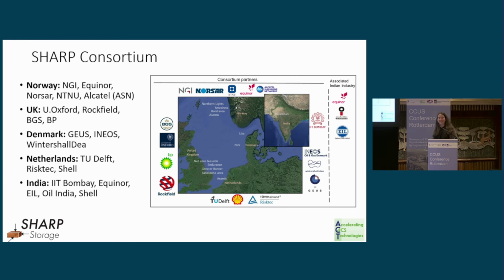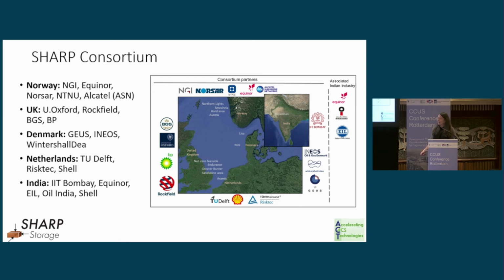We have a really nice consortium in this project with partners from Norway, UK, Denmark, Netherlands, and India. 4 of the countries are gathered around the North Sea. So it's about storage in the North Sea and how we can learn from each other and help each other to understand the stress conditions in the North Sea and utilize that for both monitoring and reducing the risk.